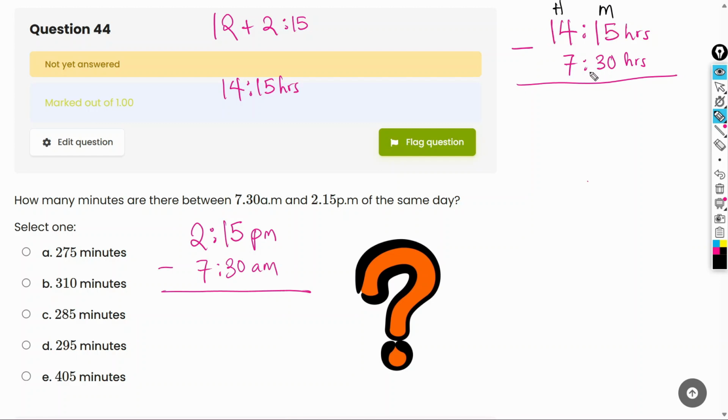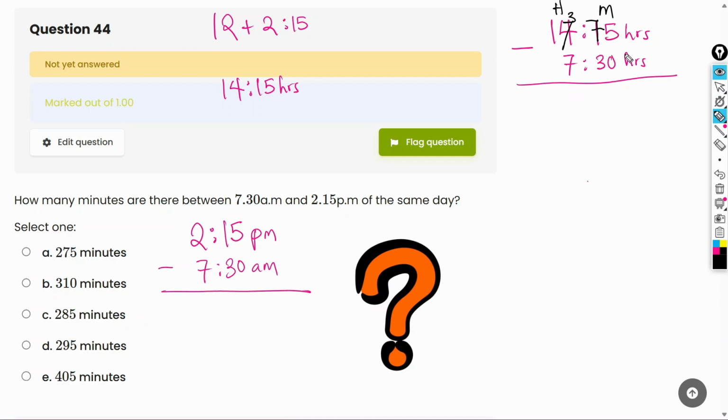So this is 15 minutes minus 30 minutes. That wouldn't work. So we borrow 1 from 4, it becomes 3. Now, remember that what we are borrowing is 1 hour. So when you move 1 hour to minutes, it should change to 60 minutes. So what we are bringing here is 60. And then 60 plus 15 is 75. So that's 75 right here.